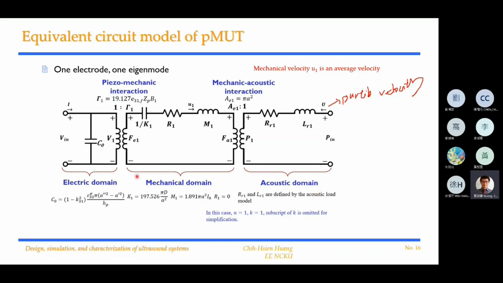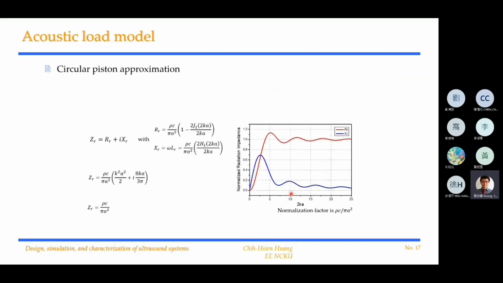Then if we know how much voltage comes in, we can get how much mechanical velocity, how much particle velocity, and how much pressure goes out. Conversely, in receiving mode, pressure comes in and we should have voltage out. The only thing we don't have here is the impedance for the acoustic domain, which is R1 and L1 here. We'll do that in the next slides.